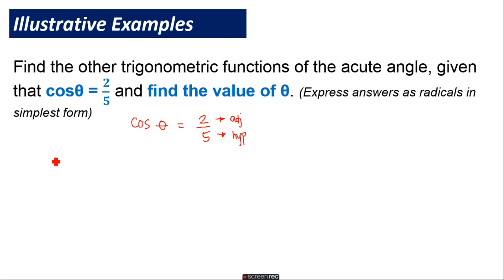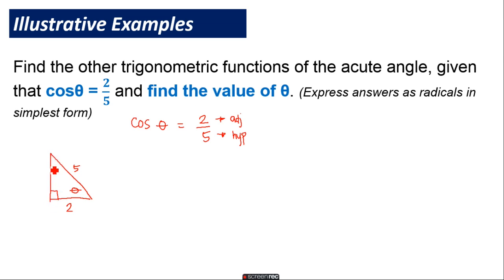Let's try to draw the right triangle. We have here our right triangle, and we will position the theta here. Then we locate the sides with respect to theta. So 2 is our adjacent, here is 2, and 5 is our hypotenuse, here is 5.